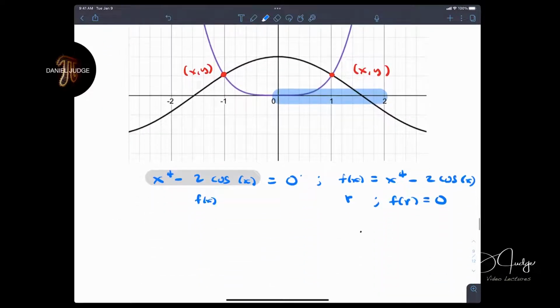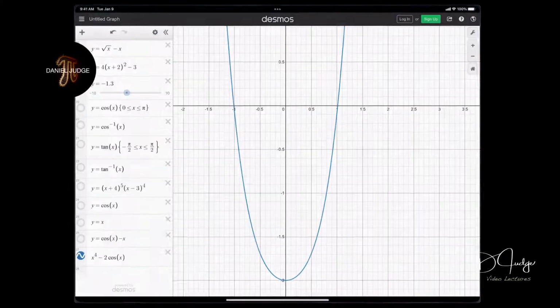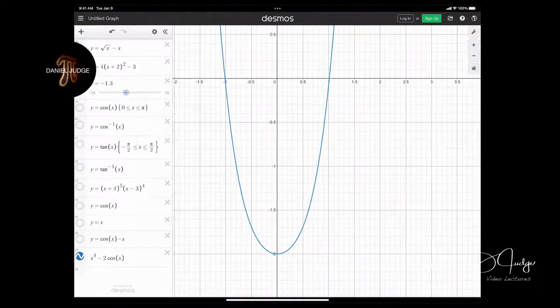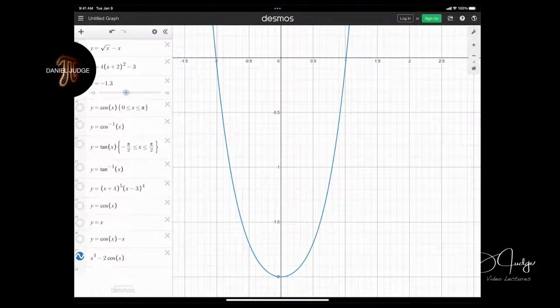Now, you might ask, what does it look like as a function f of x being x to the fourth minus 2 cosine x? And what I have here is essentially what this looks like. As you can see, you're going to cross the x-axis for x to the fourth minus 2 cosine x.